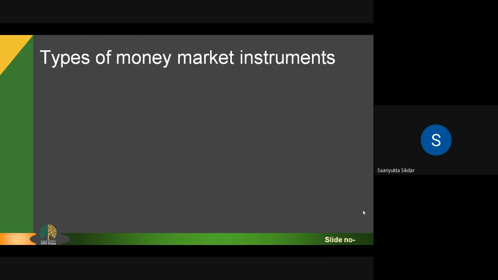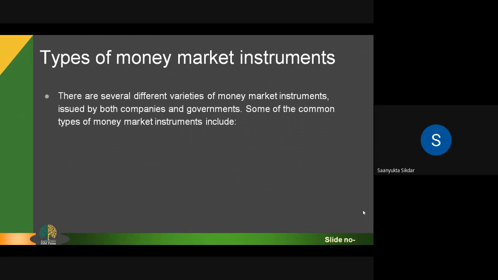Money market instruments are used by corporations, governments, and individual investors seeking short term funding or short term places to invest money. There are several different varieties of money market instruments, but all have a few things in common. What are those? The three important characteristics. Now, let us move to the different types of money market instruments.